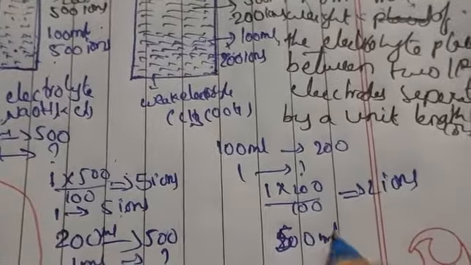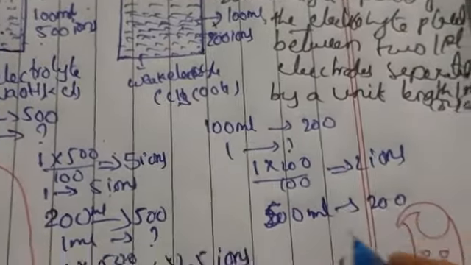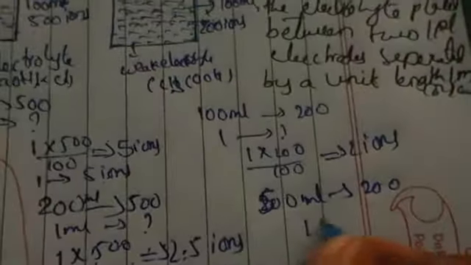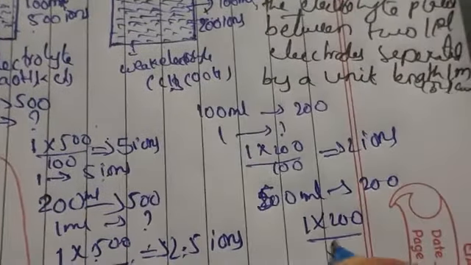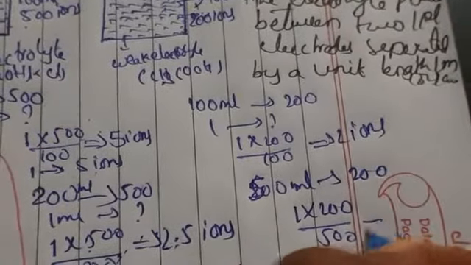For 500 ml it is giving 200, so 1 into 200 by 500.